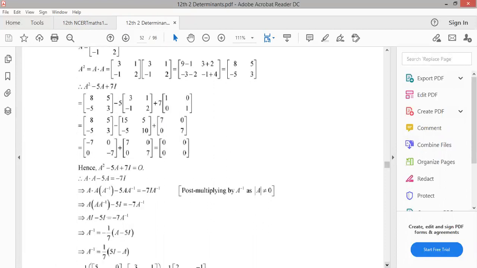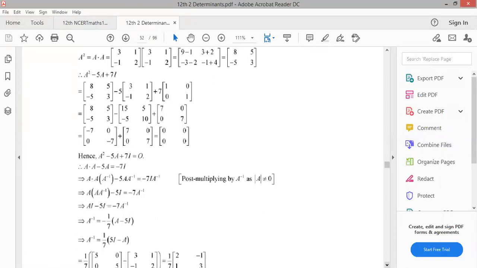What is the procedure for finding A inverse from such a type of equation? We have to either pre-multiply or post-multiply this equation by A inverse. Say post-multiplication by A inverse. This gives A into A, this into A inverse, minus 5A into A inverse is equal to minus 7I into A inverse.